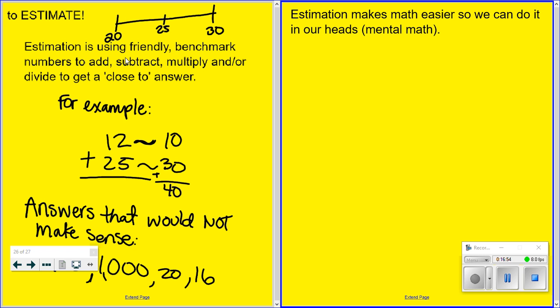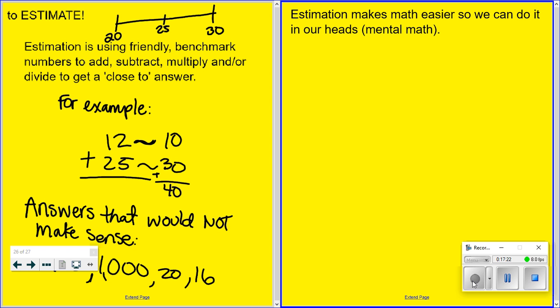The sentence you're writing down is: estimation makes math easier so we can do it in our head, aka mental math. Mental math is the ability to do math in your head. Estimation makes that easier.